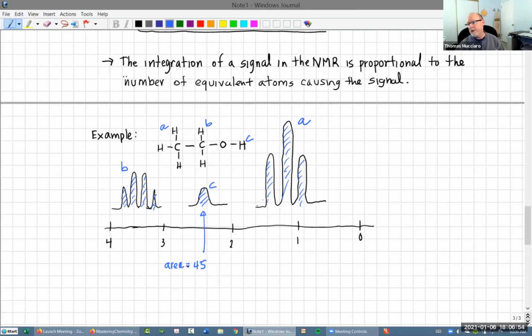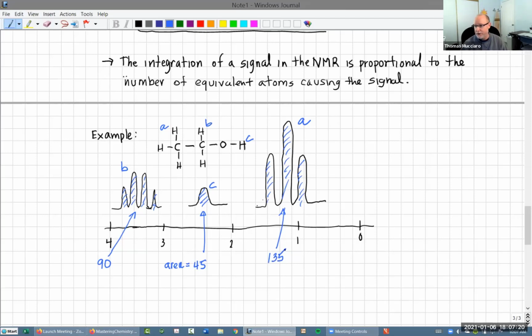In other words, there are going to be units or something. It's going to calculate a number, okay? So if this one has an area of 45, this would be an area of 90, and this would be an area of 135.